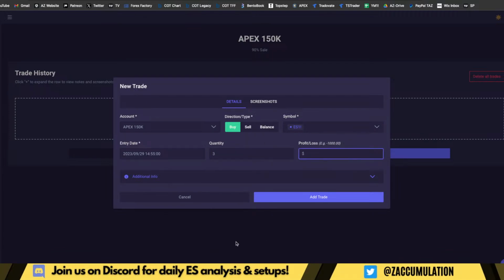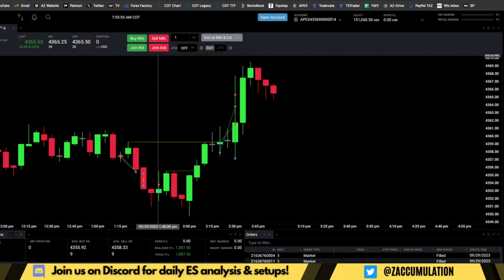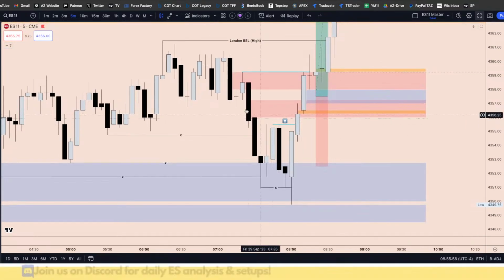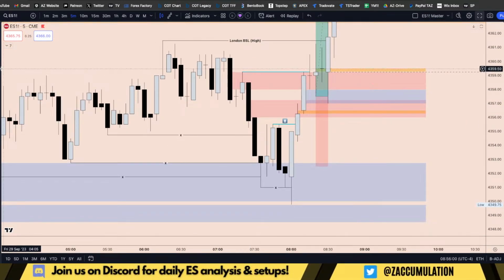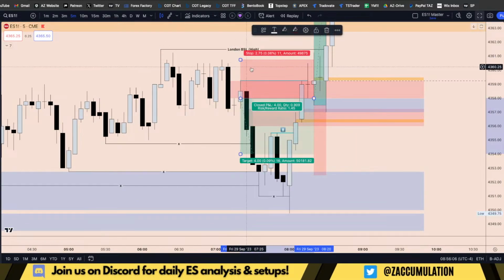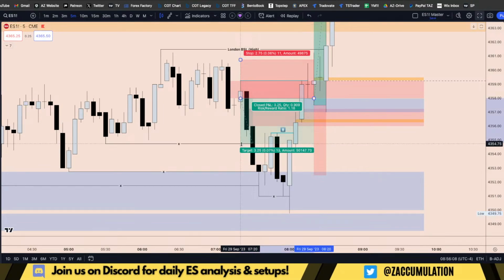Now we first want to add that short to ensure continuity. First I took this short with my stop loss just above this high and my take profit target being just the sell side. It didn't look for much.